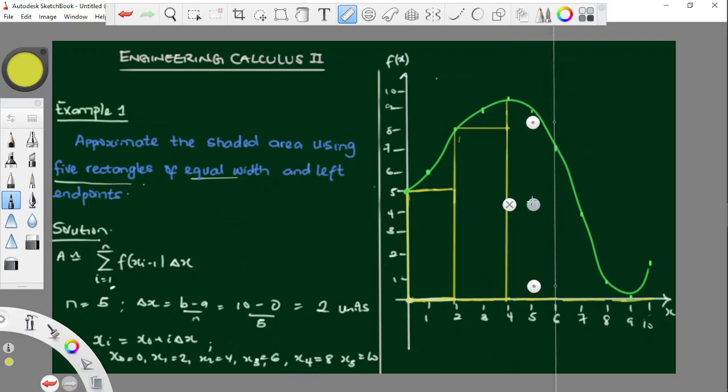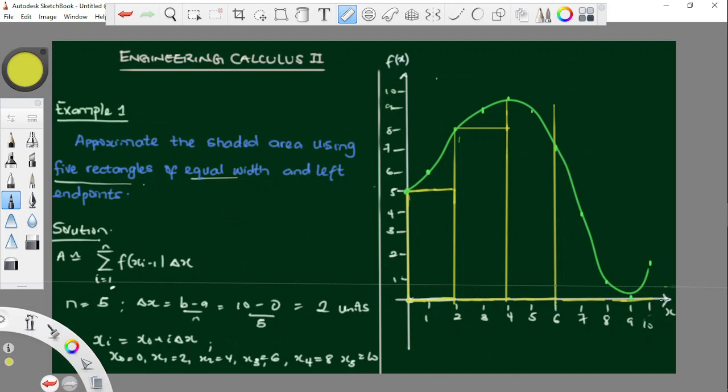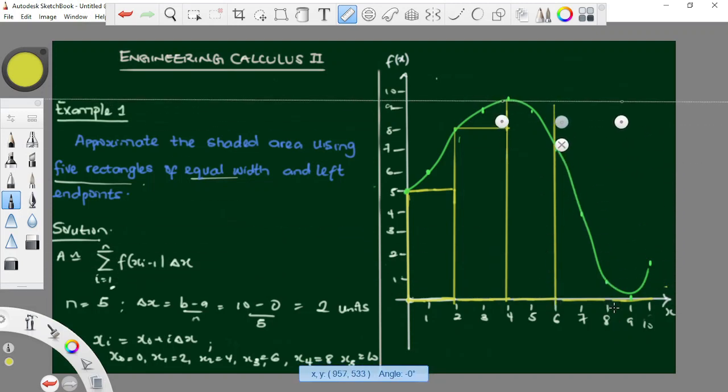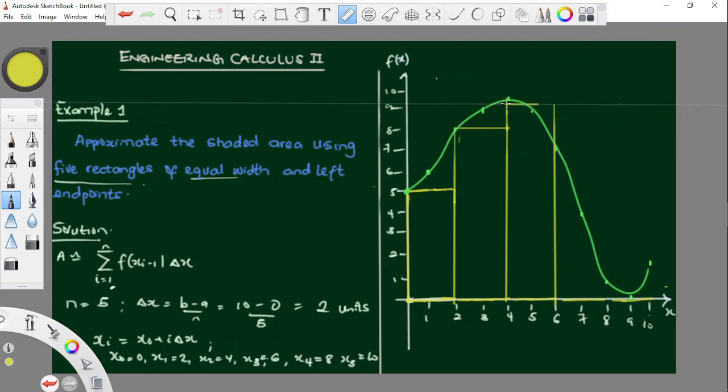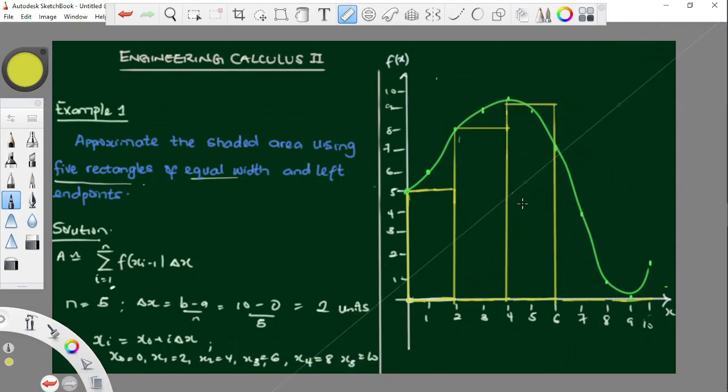Then at 6, it has to be that same height. So we have this. And between 6 and 8, the height is going to be the value at 6. So we're having this.